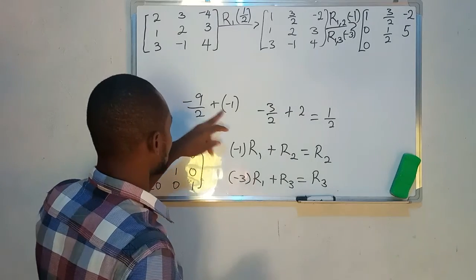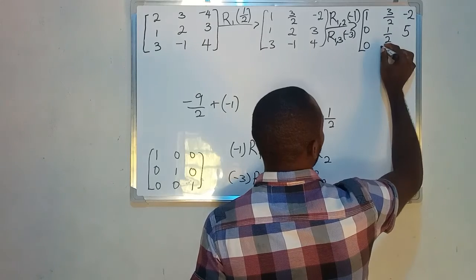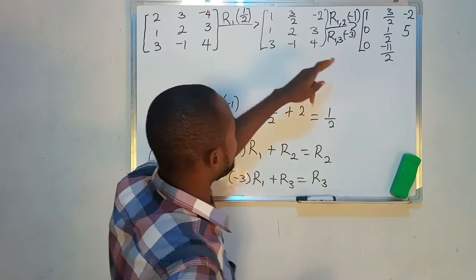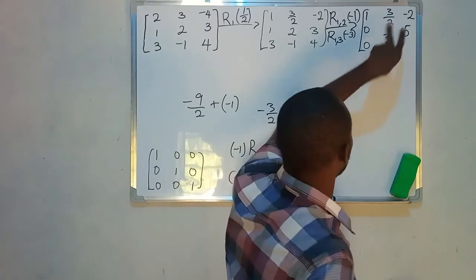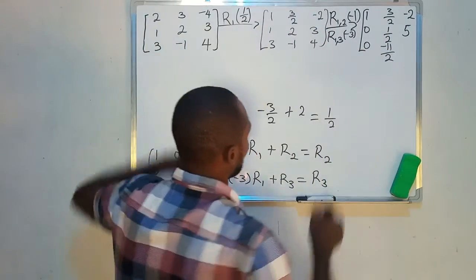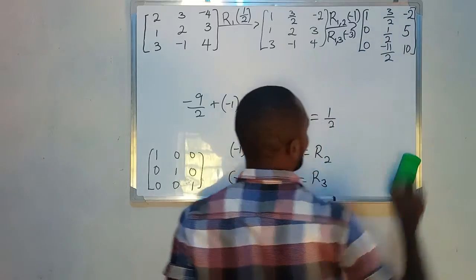And that will give us minus 11 over 2. And so right here we'll have minus 11 over 2. And then multiplying this by this, we'll have minus 3 times minus 2, that will give us 6. Then plus 4 will give us 10. And so we have our new matrix.